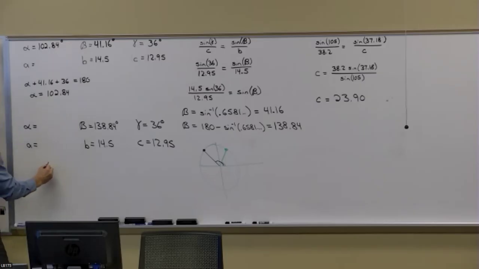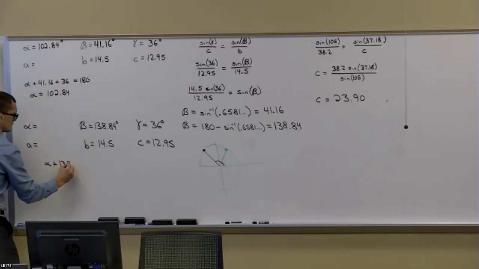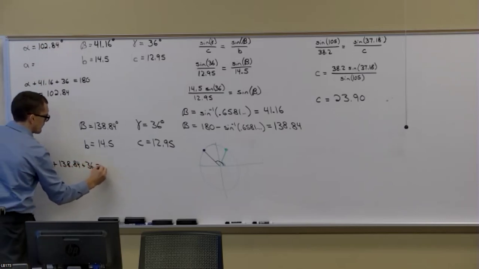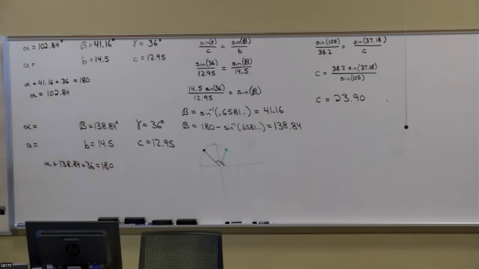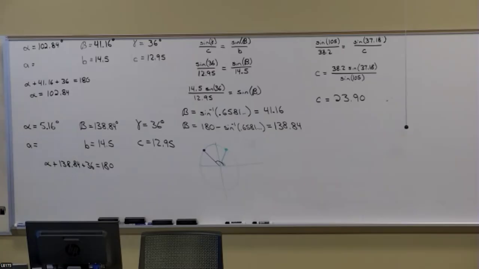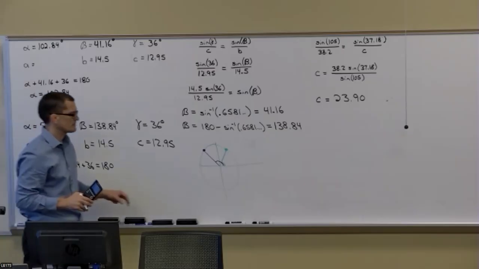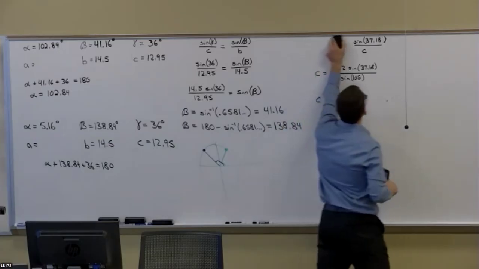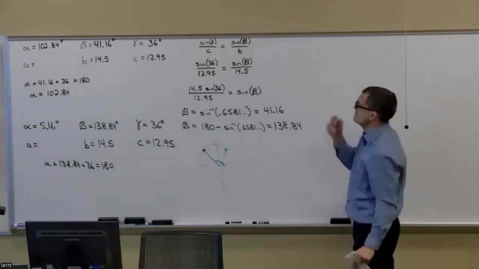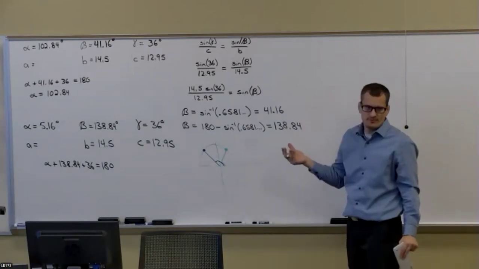And then I'll go through this one as well. For that one, I get 5.16 degrees as my alpha. And then in both cases, I solve the same way.